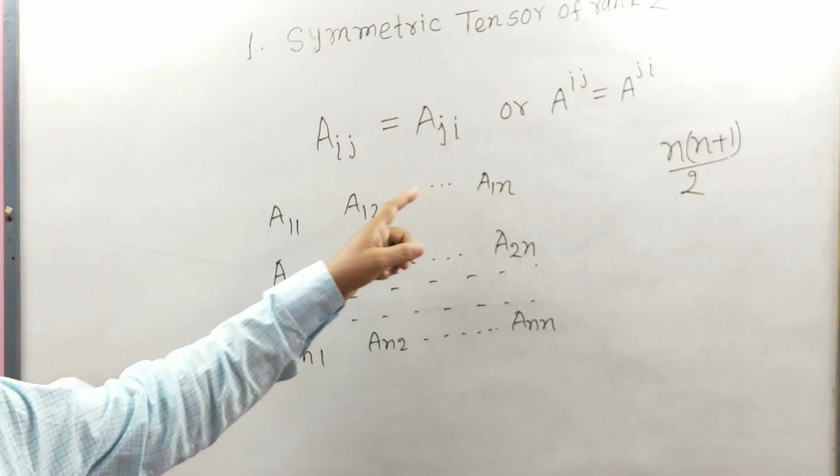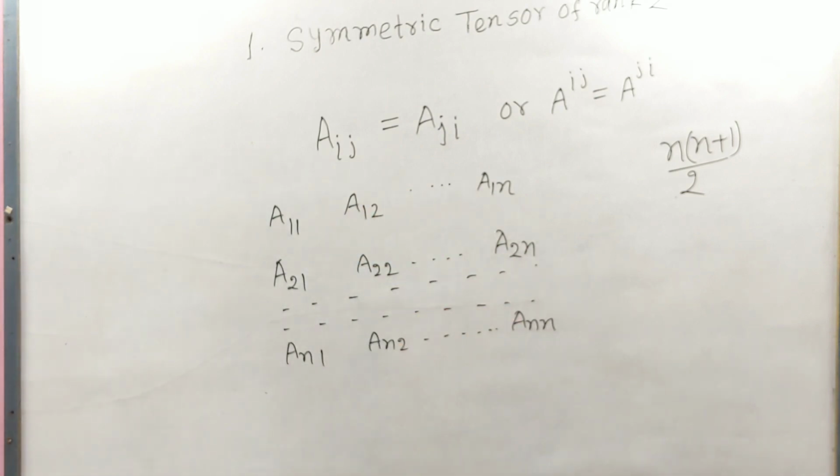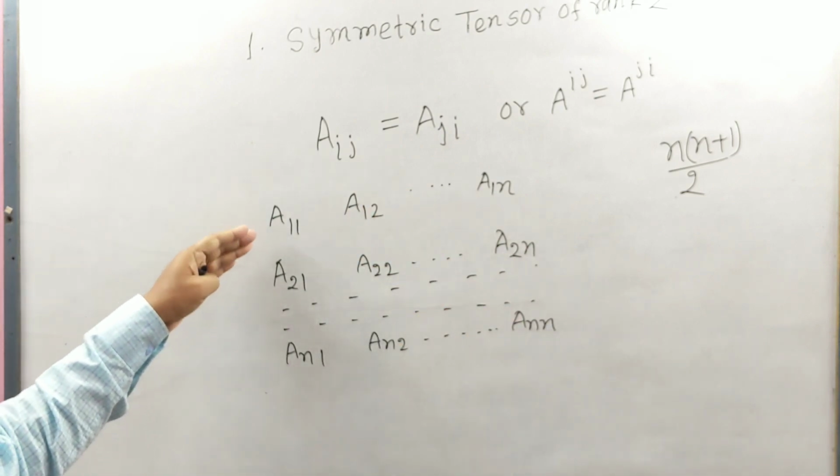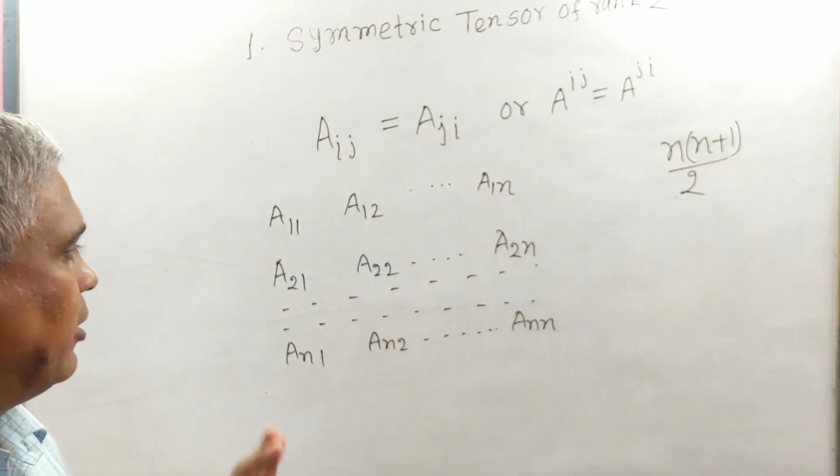Here the number of components equals n square, as it is an n by n matrix.